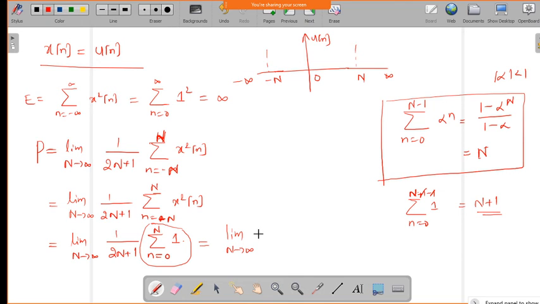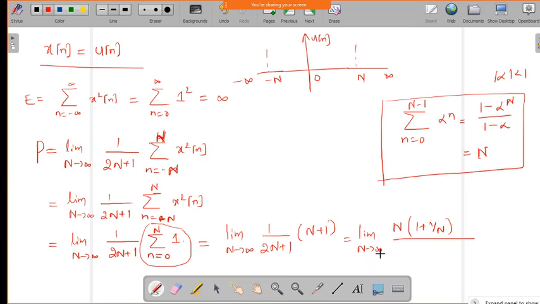Okay. So this we can write as limit n tends to infinity 1 over 2n plus 1 into n plus 1. Now we can see that in the numerator and denominator, n is there in both, so I can take n outside. If I take n common in the numerator, it becomes 1 plus 1 over n, and in the denominator, if you take common n, you will get 2 plus 1 over n.